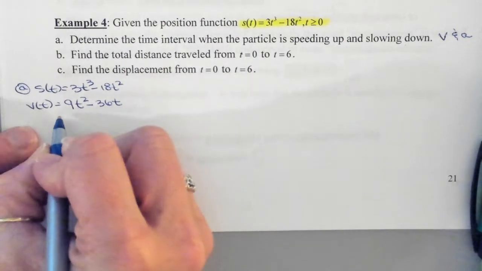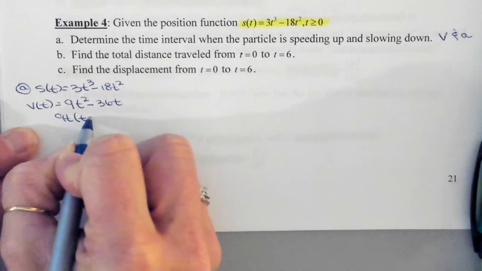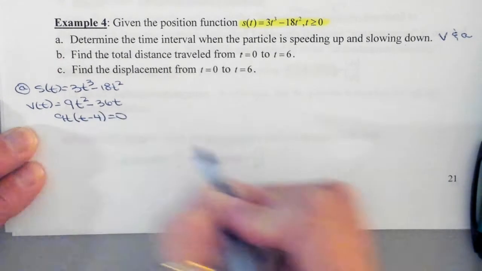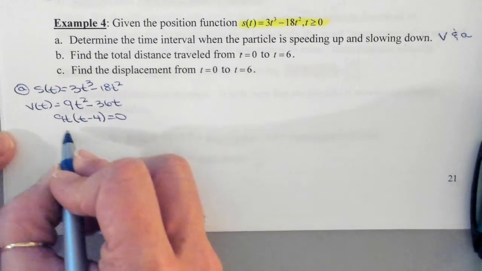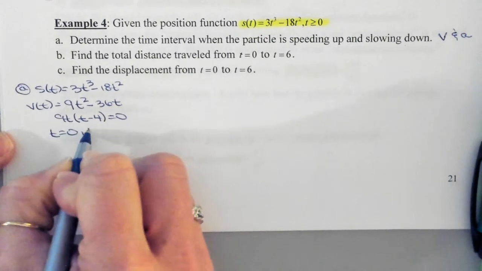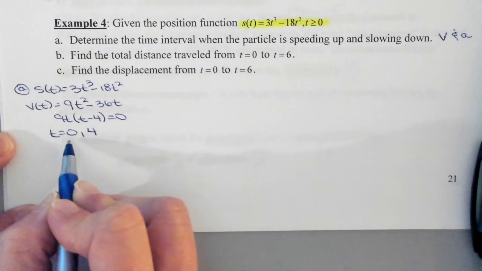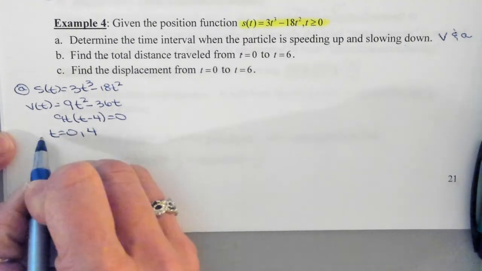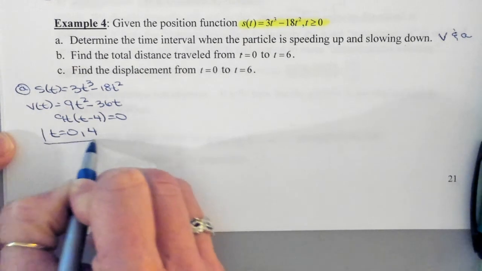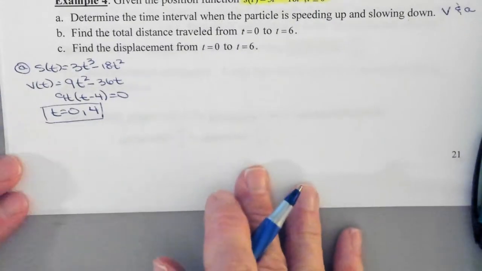So I'm going to factor out a 9t. So it leaves me with t minus 4 is equal to 0. So we have critical numbers from the velocity at 0 and 4. 0 is actually the left endpoint. So these are important right here, and I'm going to put a square around these, and you'll see why in just a second.